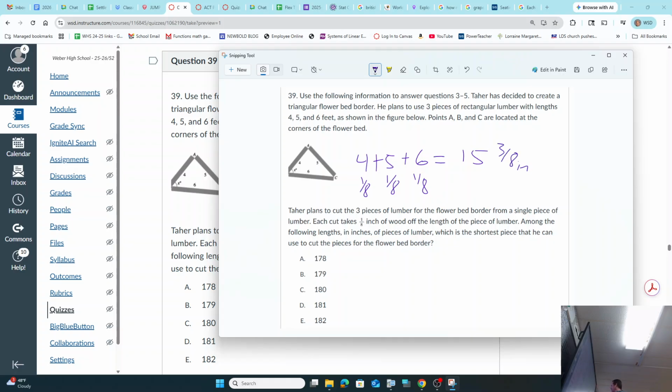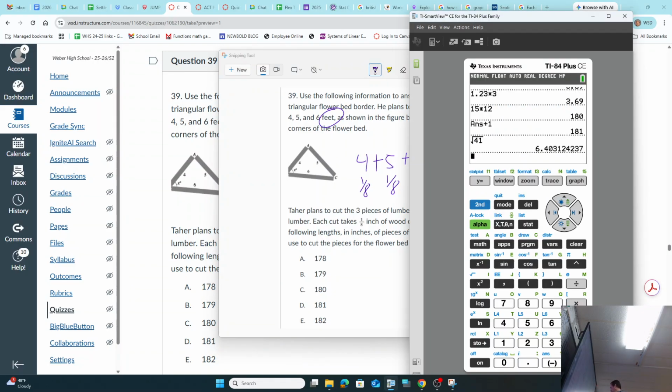But this is already inches, and the other is actually feet. So we have to convert that to inches by multiplying by 12 inches. So we get 15 times 12, which is 180.